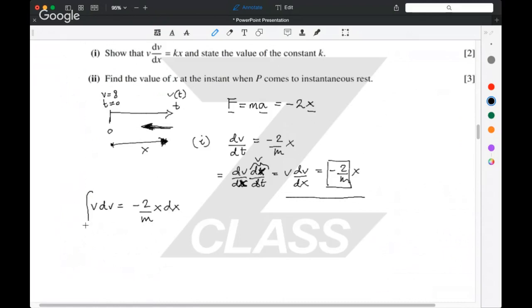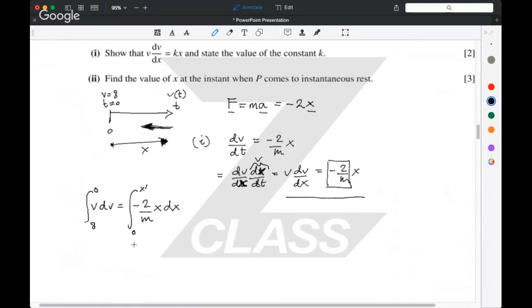And we're integrating this between some time where the velocity is at the beginning, we're past O, so that's where the velocity was 8. And these limits have to match, right? So when the velocity was 8, x, the displacement from the origin, was 0. And now we're looking at some final time where the velocity is 0. And we're just going to put x here because we want to find out what that number is.